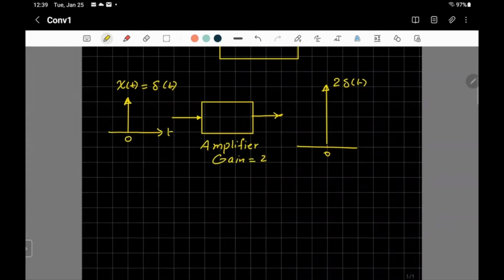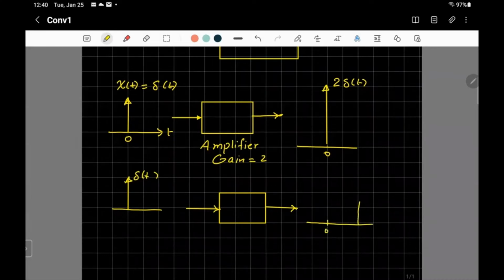Let's have another system. And let's say that you have the same signal, delta t, and the output is not amplified, but it happened at time equal to 2 instead of time equal to 0.